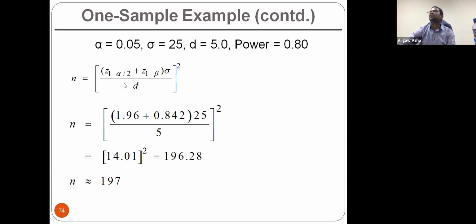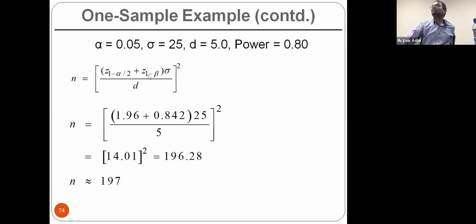If you insert in this equation, Z1 minus alpha over 2, if alpha is 0.05, you go to the normal distribution curve table. Alpha over 2 means 0.05 over 2, which is 0.025. Z for 0.025 from the table you can find is 1.96.